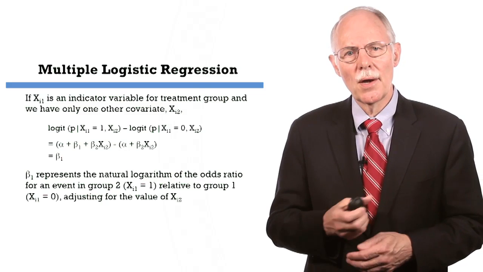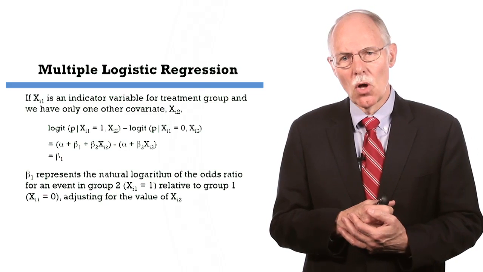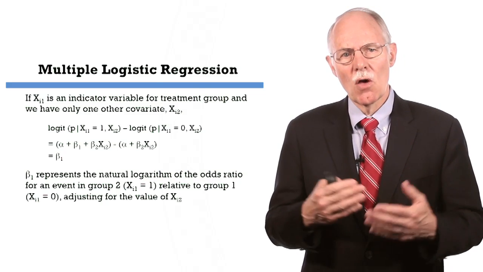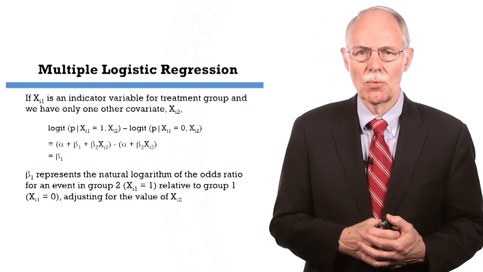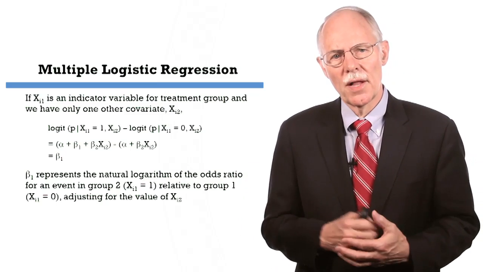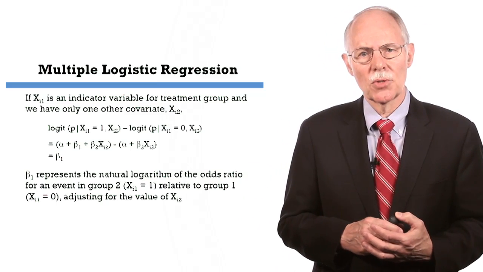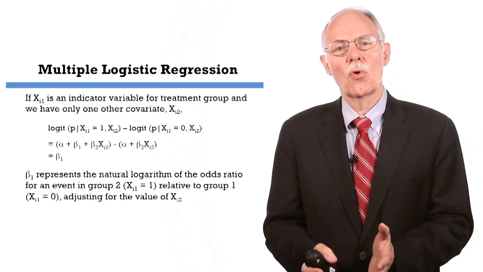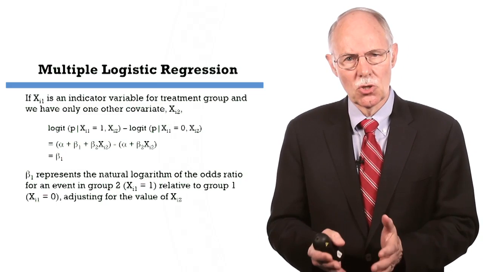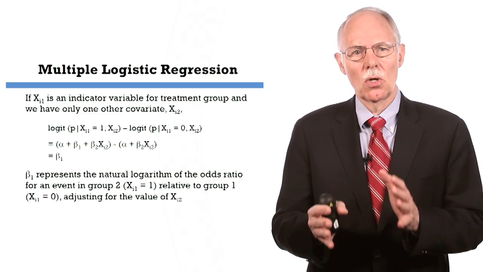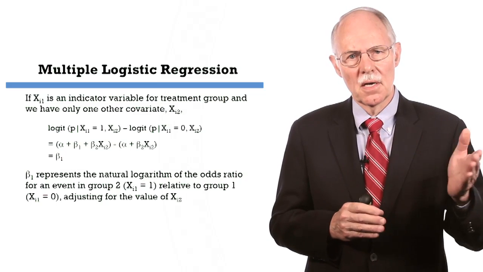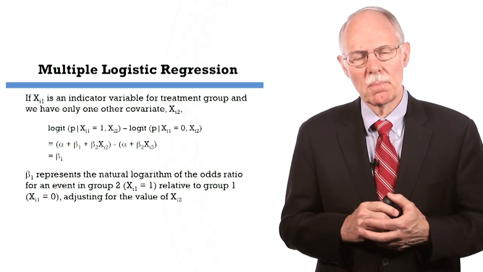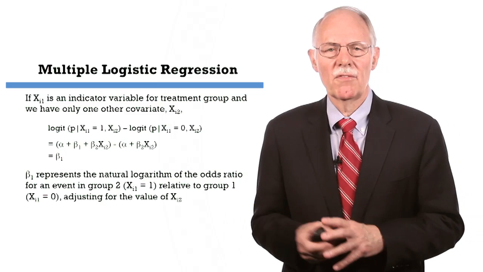So beta 1 represents the natural logarithm of the odds ratio for an event in group 2, those for whom xi1 is equal to 1, relative to group 1, those for whom xi1 is equal to 0, adjusting for the value of xi2. So it is the conditional logarithm of the odds of a positive response controlling for the other covariates in the model.